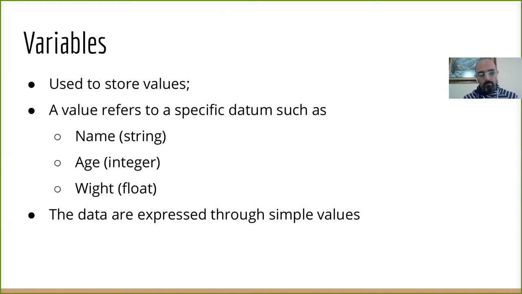For example, if you want to represent a person, we might need to represent the name through a string, which is nothing but a text, an age, which is an integer, the weight of the person, which can be represented as a float number, and several other features of the person. These data are called simple data because they have a specific value and of a specific type.